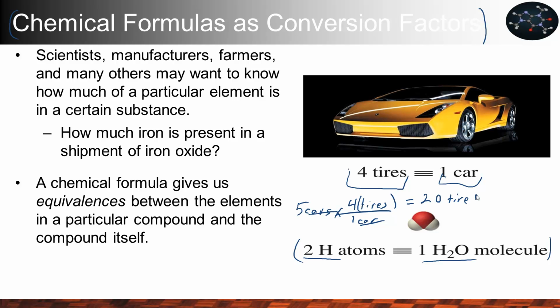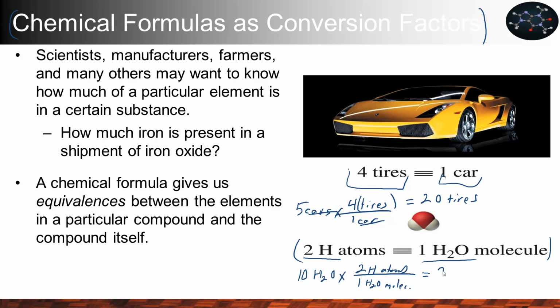20 tires. Same idea. If we want to know how many hydrogen atoms there are in some number of water molecules, let's say 10 waters, how many hydrogens are there? We say there are 2 hydrogen atoms for every 1 water molecule.